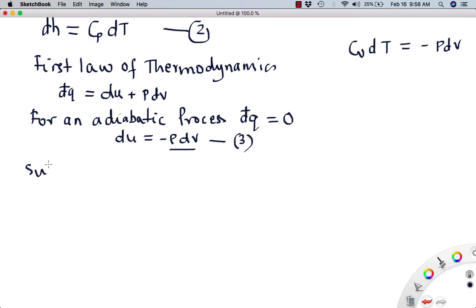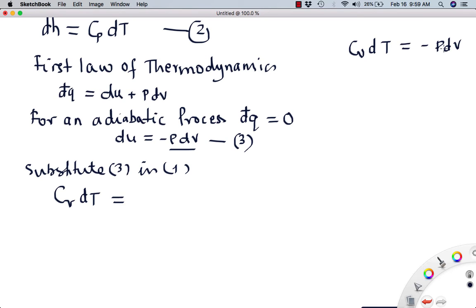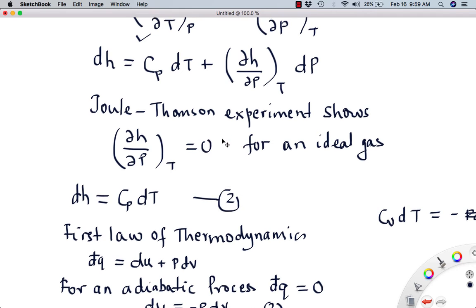Just a second now, sorry, this is not equation 1. Let me just go back and see what we have on equation 1. So we have dU is equal to CV dT.